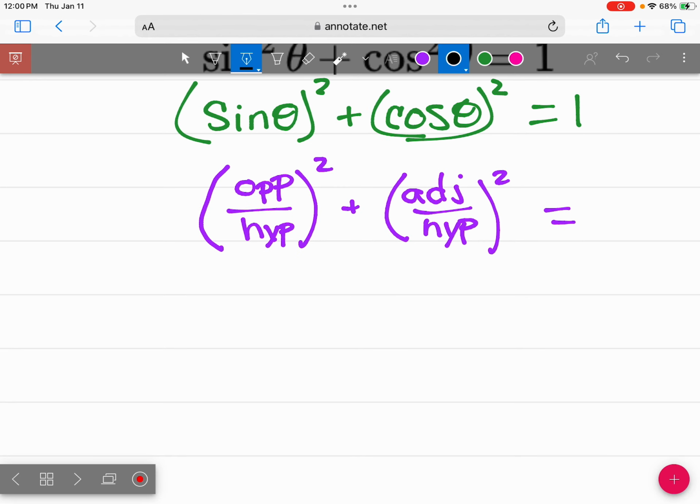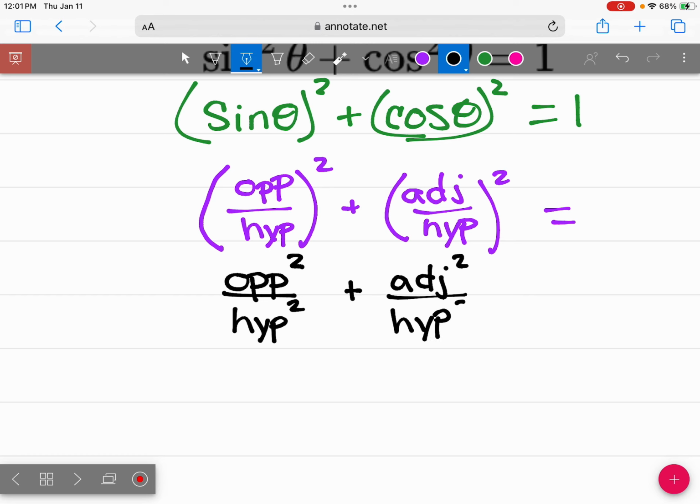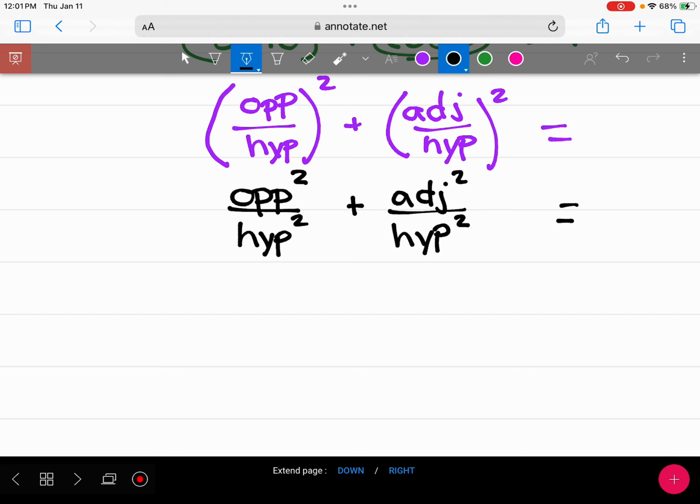Using our exponent laws, that becomes opposite squared over hypotenuse squared plus adjacent squared over hypotenuse squared. They have a common denominator, so we combine them together.